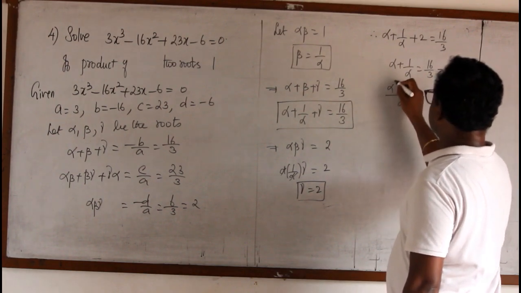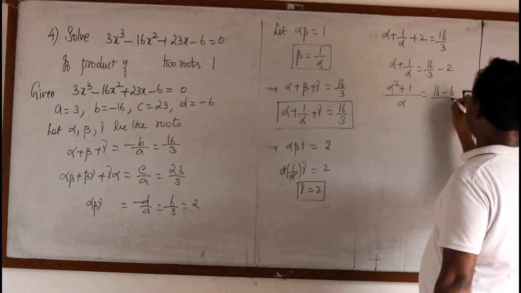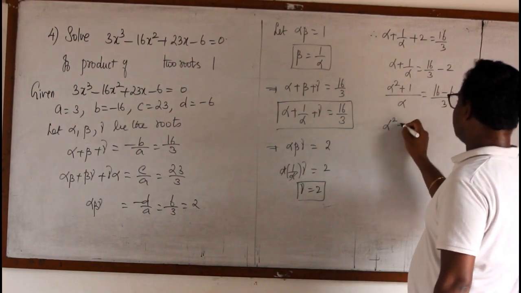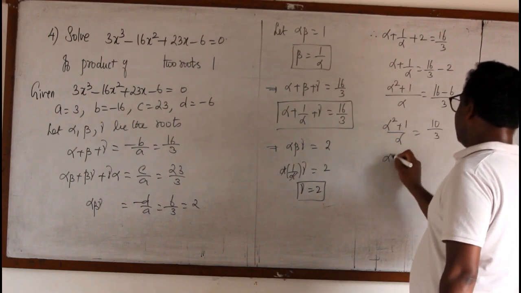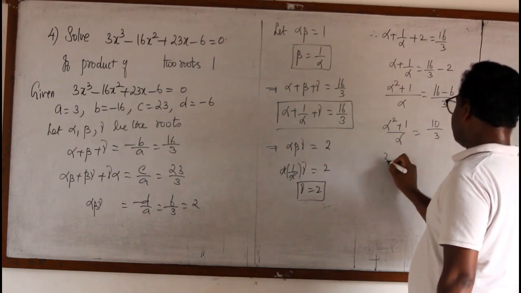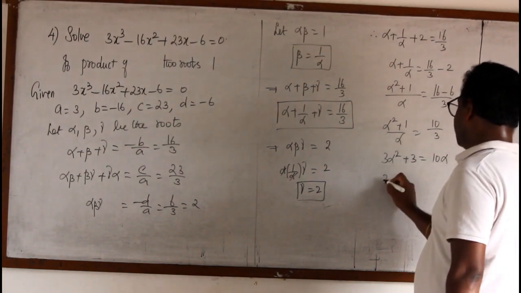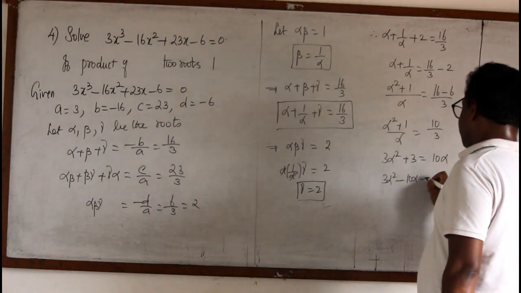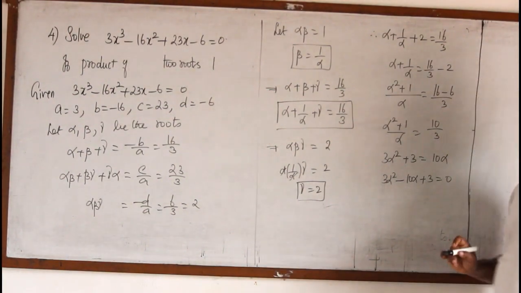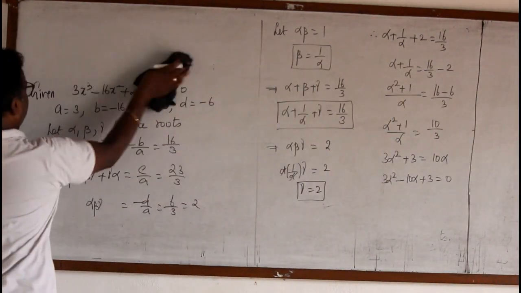So, alpha plus 1 by alpha is 16 by 3 minus 2. LCM is alpha. So, alpha square plus 1 by alpha is 16 minus 6 by 3, which is 10 by 3. If I cross multiply, 3 alpha square plus 3 is 10 alpha. 3 alpha square minus 10 alpha plus 3 equal to 0 is a quadratic equation I am having in terms of alpha.